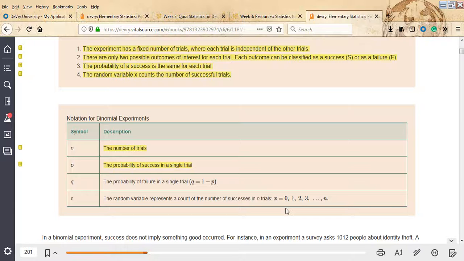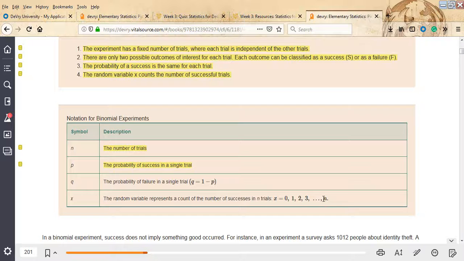And so this is saying you could have an x with 0 successful outcomes. You could have an x with 1 successful outcomes, 2, 3, all the way up to n. And so, of course, this n is the same as this n. So if you have 17 trials, this potential x outcome, the number of successes, could be 0 all the way up to, in that case, 17.